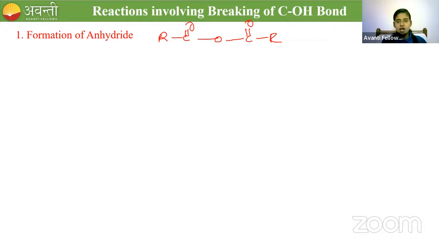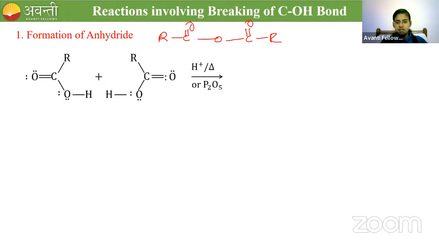To form this compound, I have to take two molecules of carboxylic acid, RCOOH plus RCOOH. Now you treat this carboxylic acid with H plus on heating or P2O5. Either you do this or you can treat the compound with P2O5.